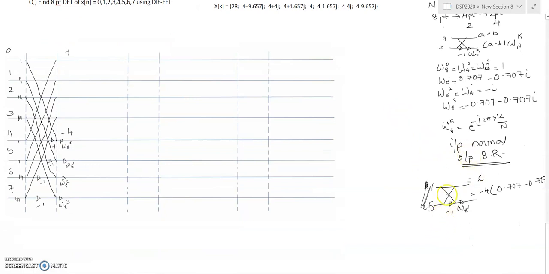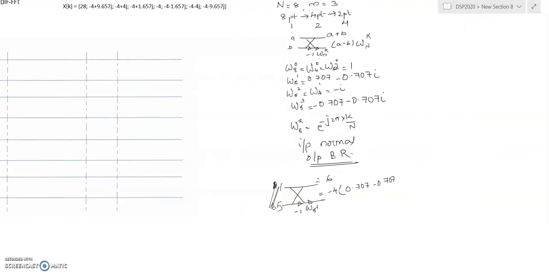We'll just solve it. Minus 4 into 0.707 minus 0.707j will be like minus 2.828 plus 2.828j.